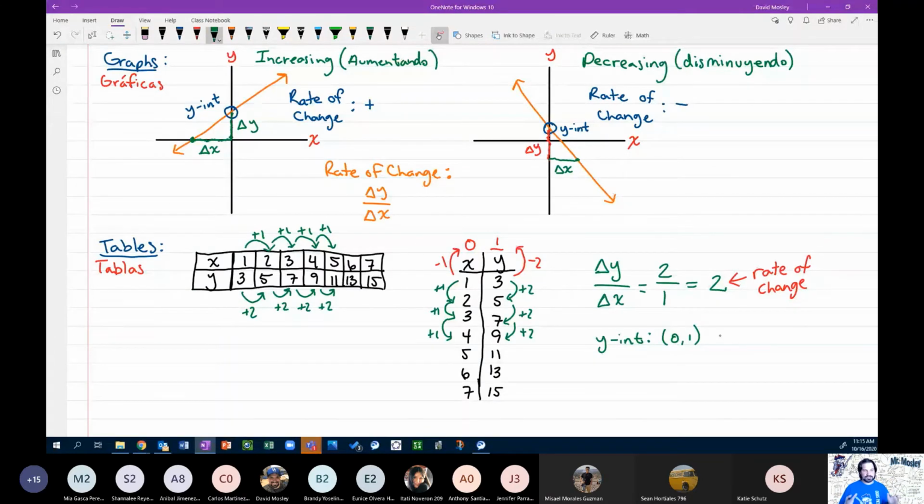En coordenadas. En las coordenadas. And then we have the start value, el valor inicial, right? Uno. Es el valor de y en la sección y. So, uno aquí, uno aquí.